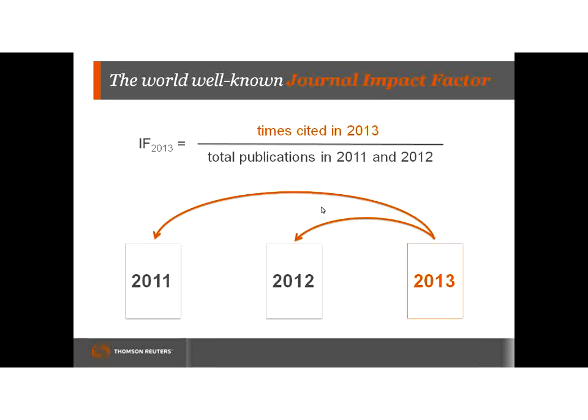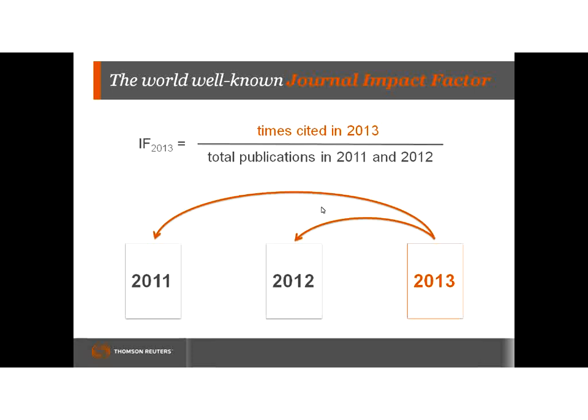How is it calculated? For the impact factor in 2013, we look at the number of citations and divide it by the number of papers. In short, it's the average number of citations received by a paper. When a journal tells you its impact factor is 4, that means that on average, a paper published in that journal received 4 citations.